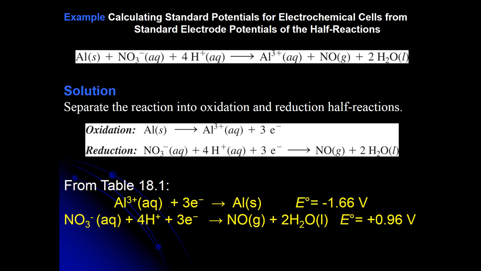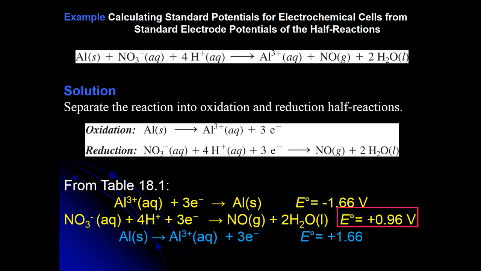But if we take a look at the nitrogen half reaction involving our nitrate in acid, we see that, hey, that reduction potential is positive. And in relationship to the aluminum half reaction, it's large and positive. So this is going to be the reduction that occurs.